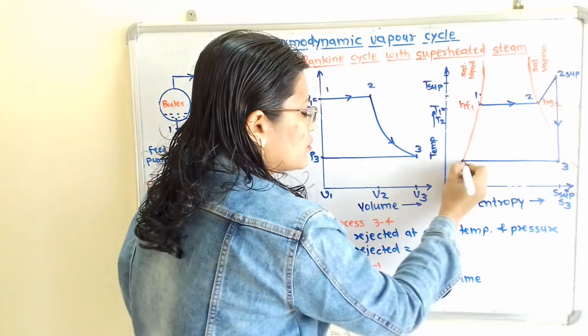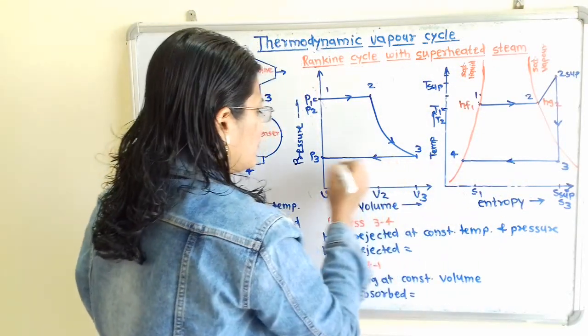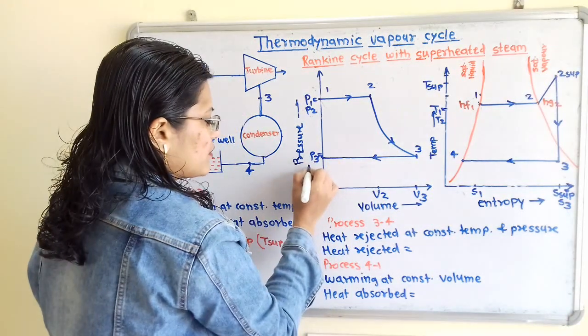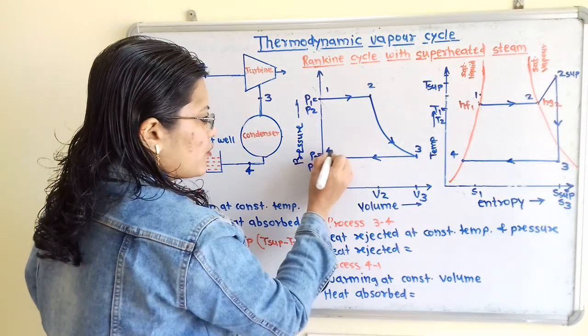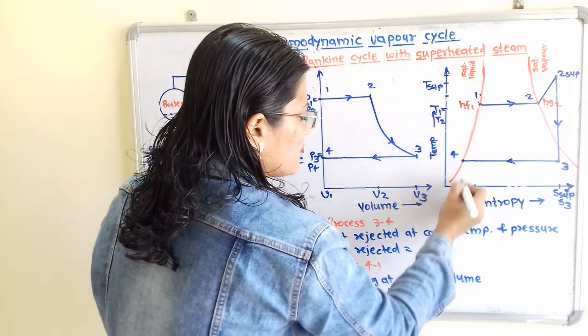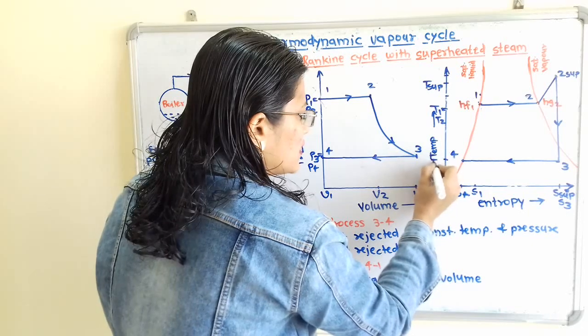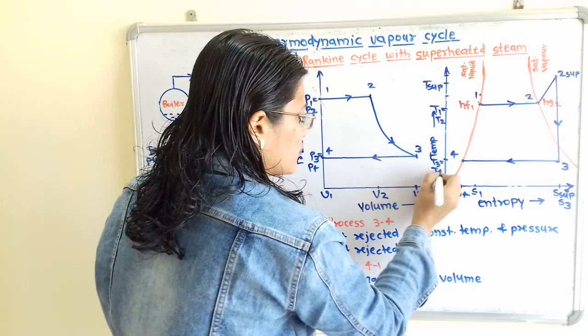Now we will show this point 4 on the saturated liquid line. We will show the arrow also. Here P3 is equal to P4. Here will be point 4. Then here entropy is S4 and here temperature T3 is equal to T4.